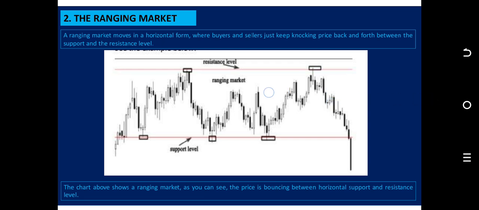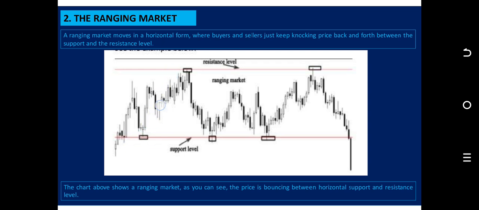And let me tell you, the best form of market to trade in is the trending market. That is the market that we've talked about, the one that goes up, or probably the ones that come down. You understand? So with trending market, you can make a lot of money. But for a ranging market, anything can happen.